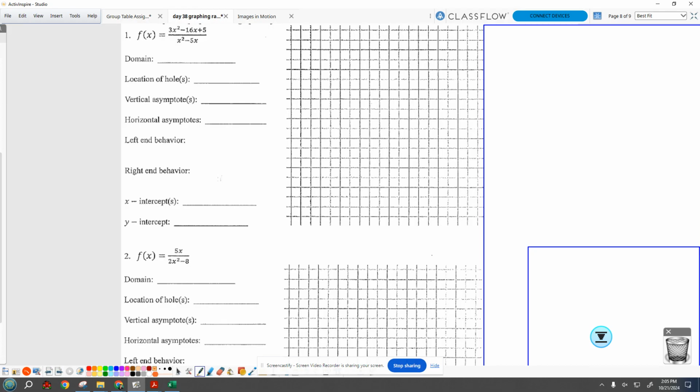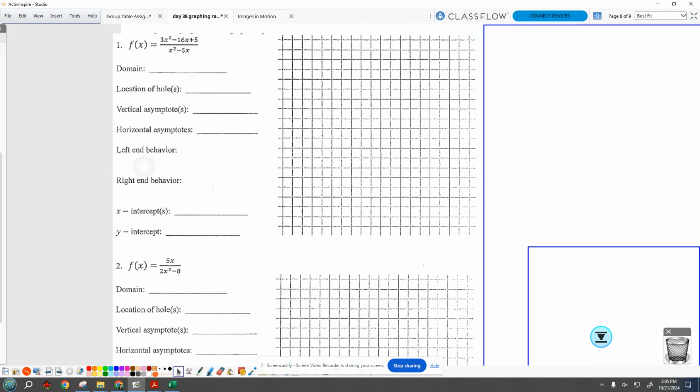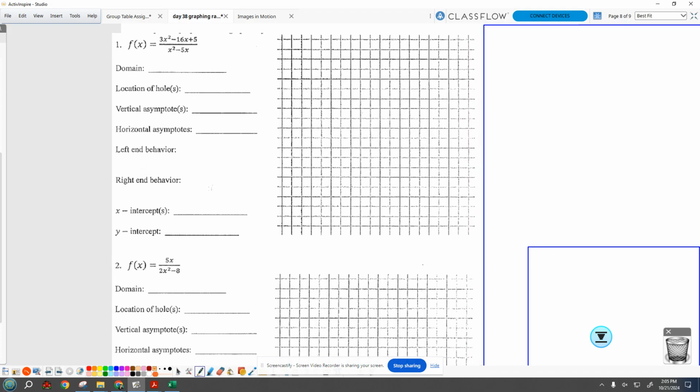How does this factor? Eden says that's how it factors in the denominator, and so she's following the directions that said exclude all the places where that's 0.